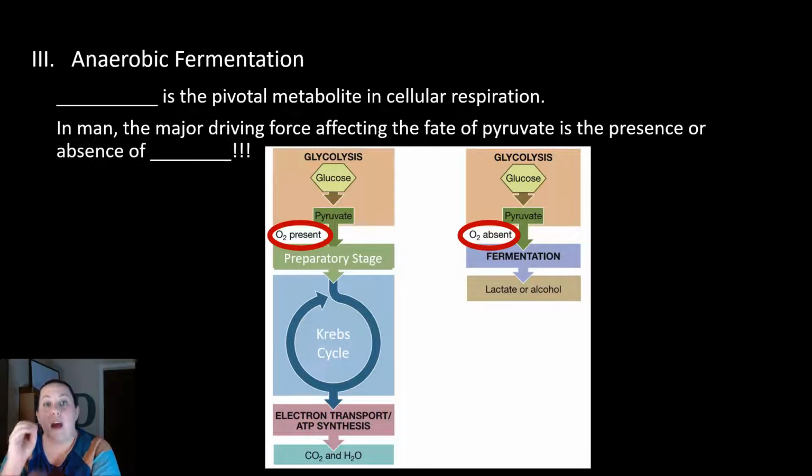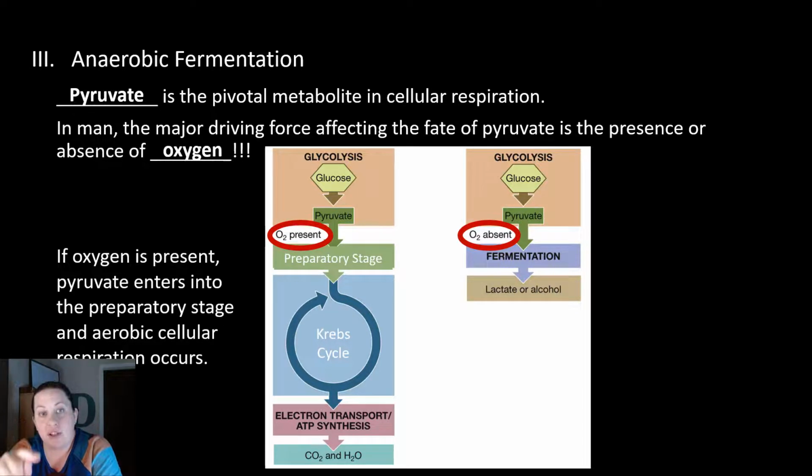All right, so we talked about the process of aerobic respiration where oxygen is present. What happens when oxygen is not present? Pyruvate is the pivotal metabolite in cellular respiration, and whether oxygen is there or not is going to determine what happens to that pyruvate, or pyruvic acid. In man, the major driving force of this is oxygen.